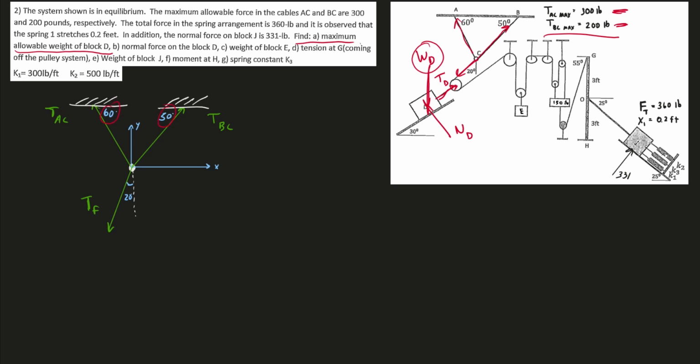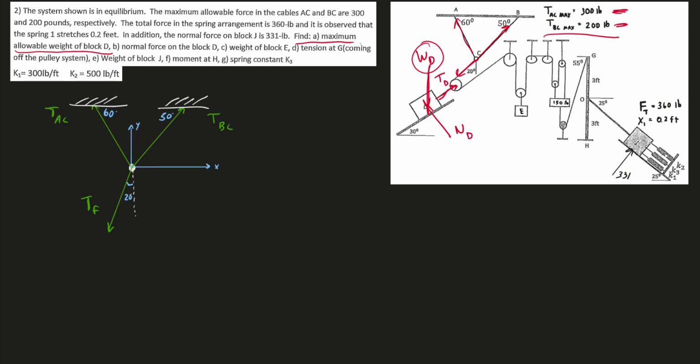So even though I have these angles for TAC and TBC, I want to get angles from these force vectors and my x or y axes. I need something like this. That's really how you get the direction for a vector.